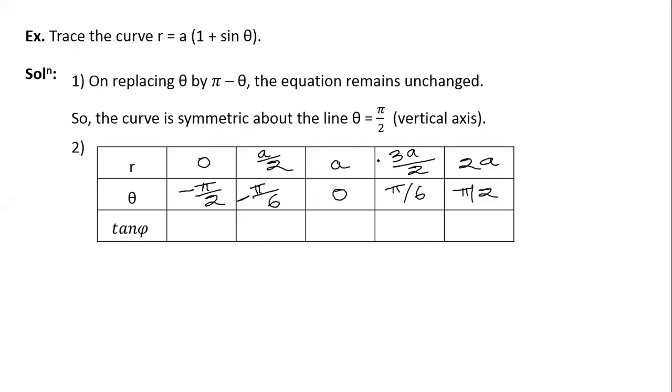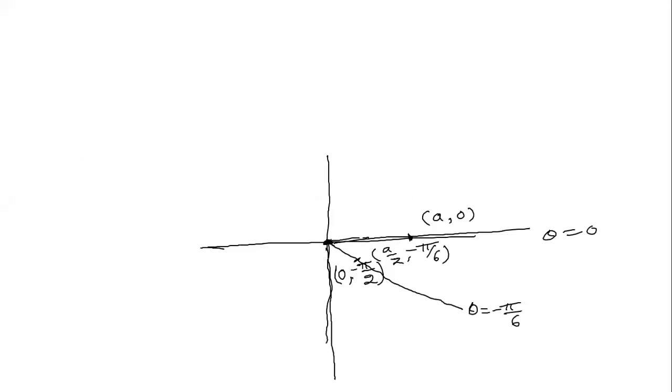After that, theta equal to pi by 6. Suppose this is theta equal to pi by 6 and r is equal to 3a by 2. So somewhere here, 3a by 2 and pi by 6.